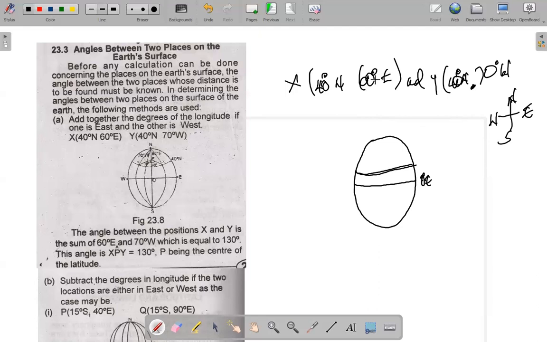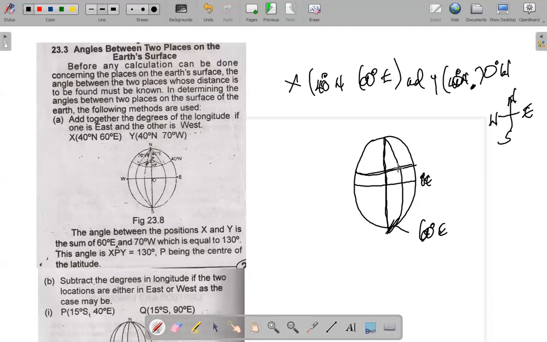The next thing now is to locate 60° east and 70° west. First of all, we need to draw the prime meridian. This is my prime meridian. Then 60° is to be on the right hand side of the prime meridian. Label that as 60° east.